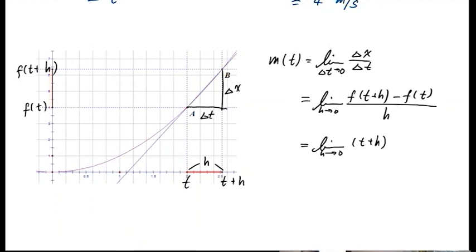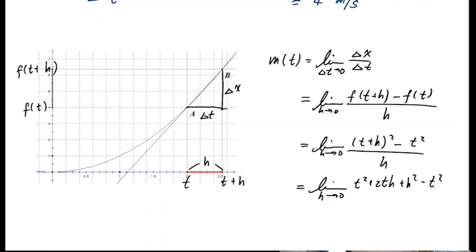Evaluating t plus h squared minus t squared over h, that is equal to the limit as h approaches 0 of t squared plus 2th plus h squared minus t squared over h, and then of course this cancels that.